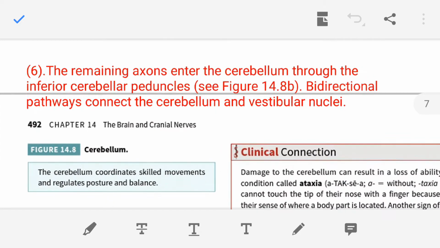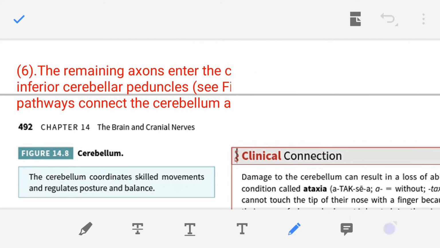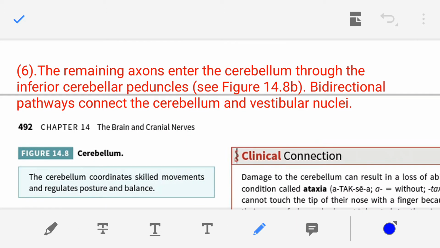Now there is a bidirectional pathway that connects the cerebellum and the vestibular nuclei.